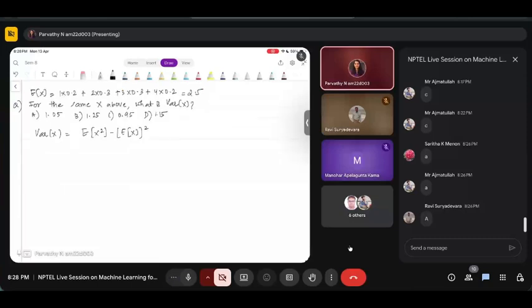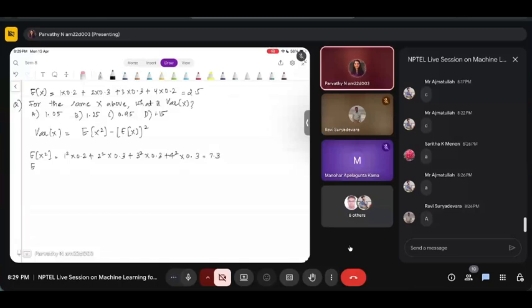So expectation of X square is 1 square into 0.2 plus 2 square into 0.3 plus 3 square into 0.3 plus 4 square into 0.2. So this will come to around 7.3.